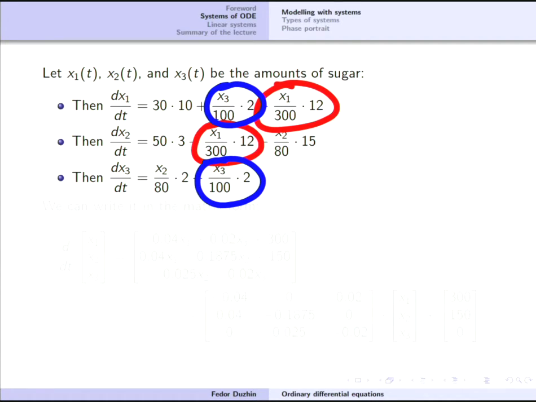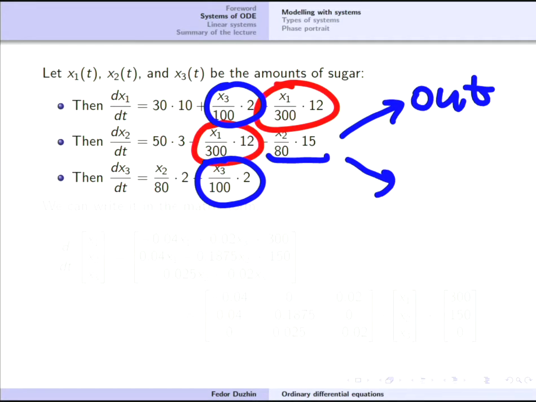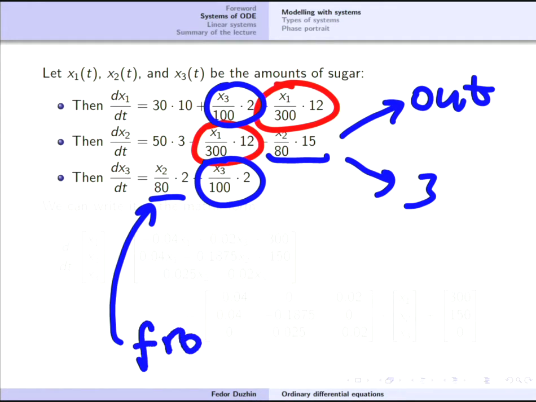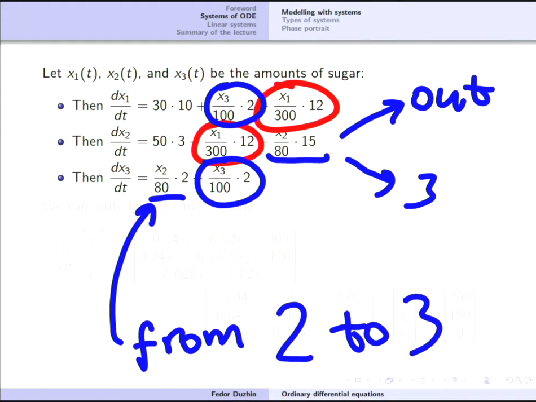So of course they have to be consistent. But here this is sugar that goes to the outside world and to tank 3. So that's why this coefficient, this term is not the same as this term, because this term only counts sugar from tank 2 to tank 3.